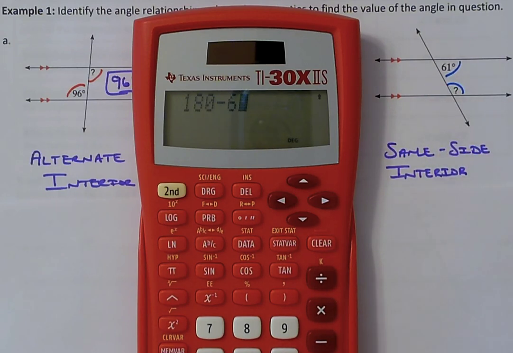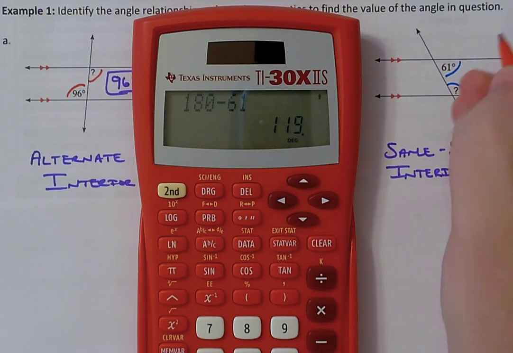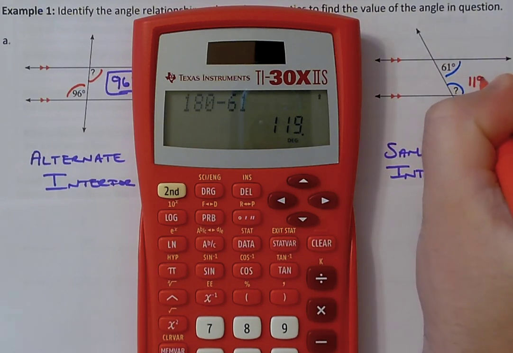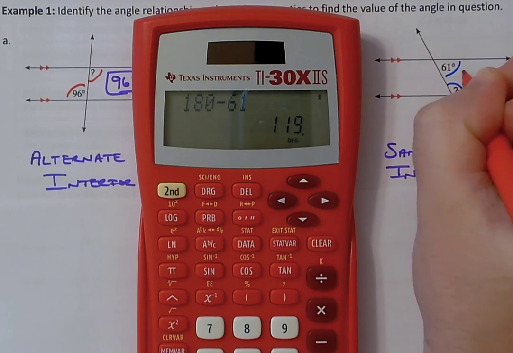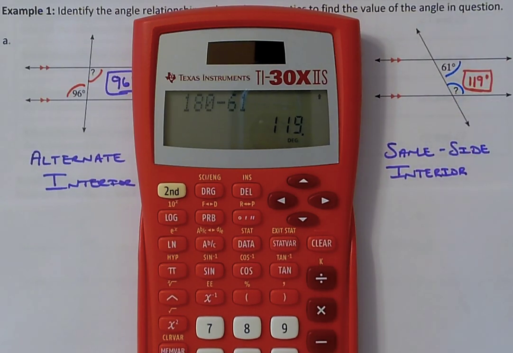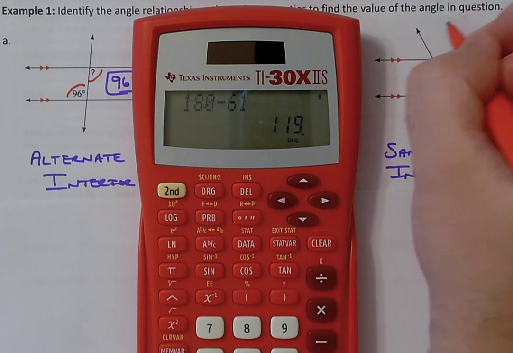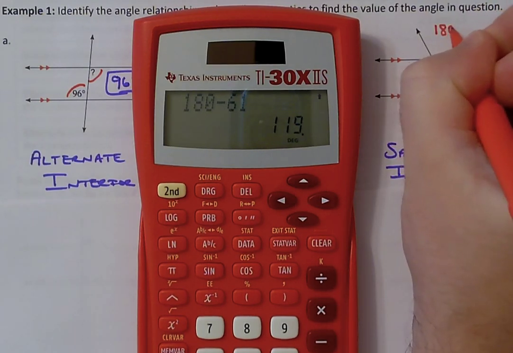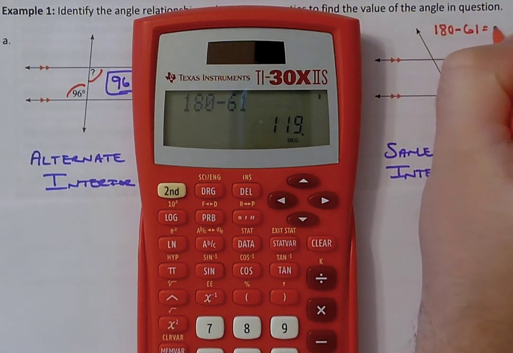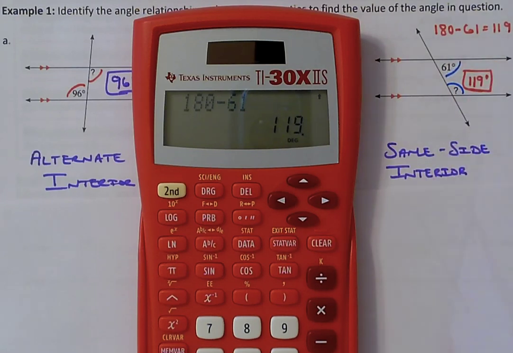So we do 180 minus 61, and that tells me that this angle is 119 degrees. And that is how you go through and find the angle measure when you have same side interior angles. All you have to do is take 180, subtract what you know, and that is how you get that measure.